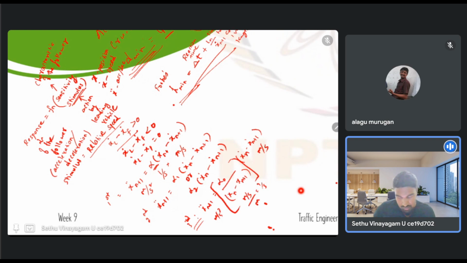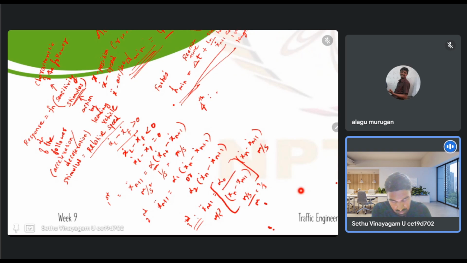And then in the fourth generation model, they further expanded this. They found that spacing alone is not enough to capture the sensitivity perfectly. So they considered the speed at which the follower is traveling. Along with spacing, if you are traveling at a higher speed, again you will be more attentive, whereas if you are traveling at a lower speed, you will be less reactive to the changes.